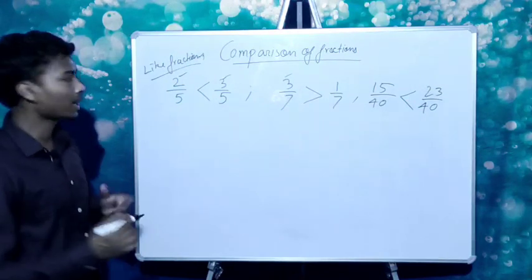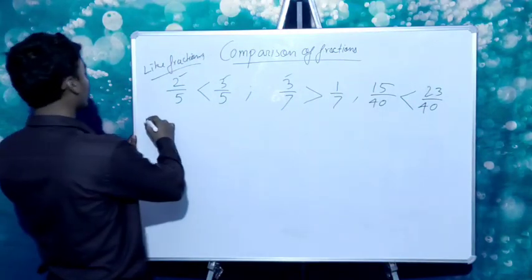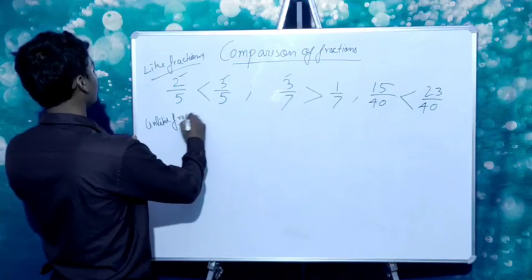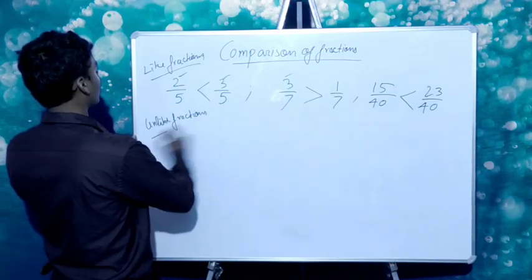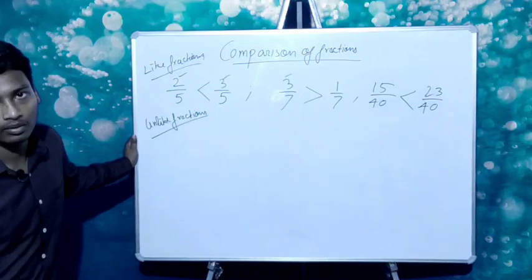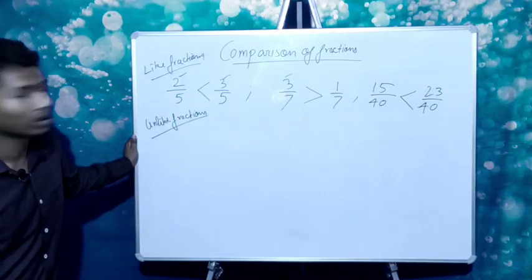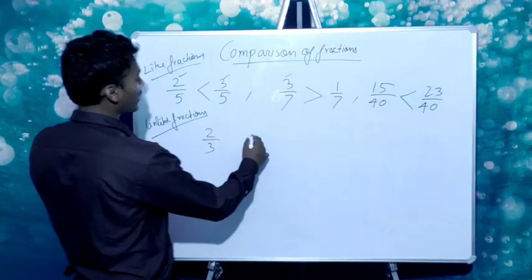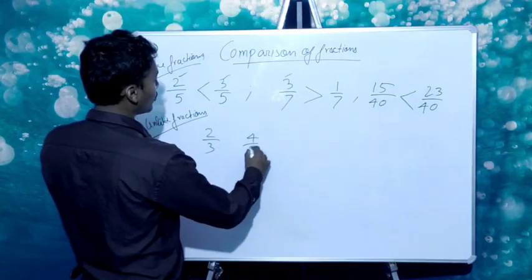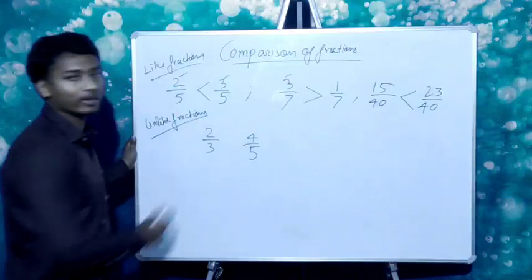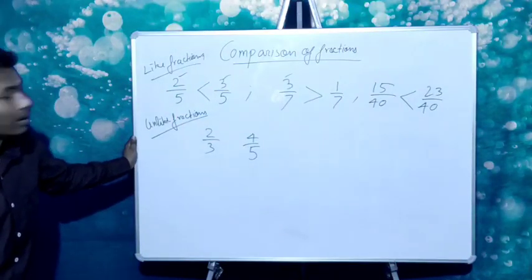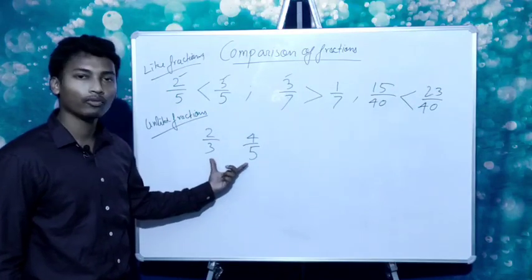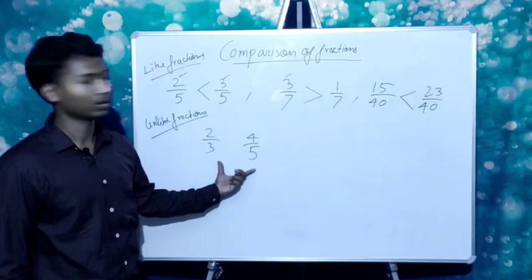Now let's understand the comparison in case of unlike fractions. Now in unlike fractions, you cannot compare two fractions easily. So if we have 2 by 3 and 4 by 5, it is not possible to compare because the fractional part is not the same.